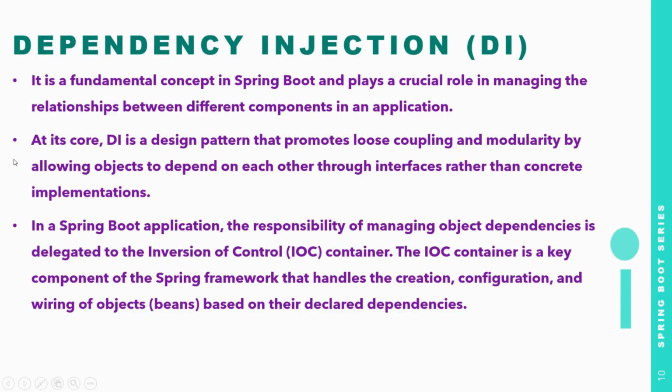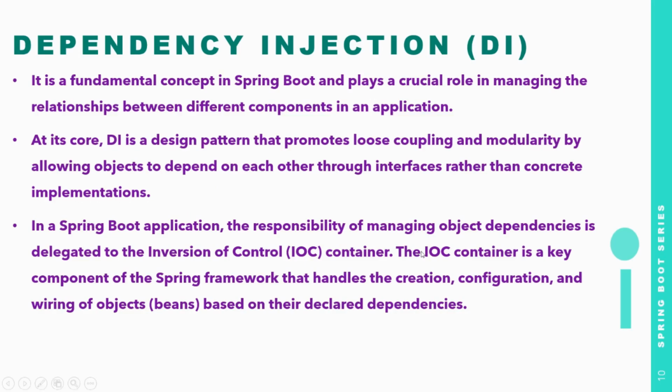Dependency injection is a fundamental concept in Spring Boot and plays a crucial role in managing the relationship between different components in an application. At its core, DI is a design pattern that promotes loose coupling and modularity by allowing objects to depend on each other through interfaces rather than concrete implementations.